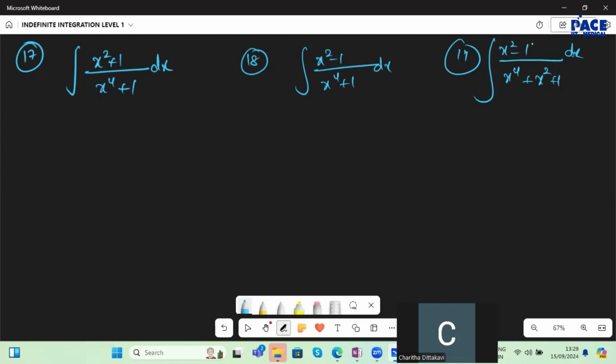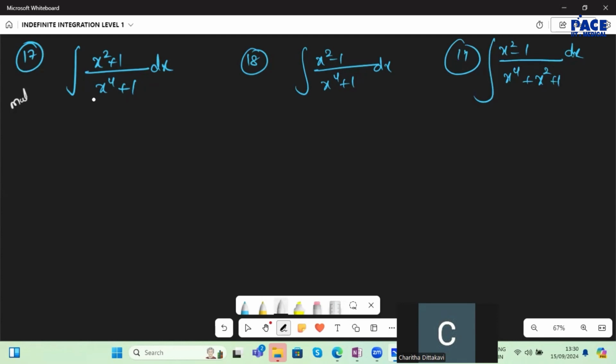Right, now coming to question number 17 there. Whenever you find this form, x square plus 1 or x square minus 1 in the numerators, understand the pattern of the questions first, right? Wherever you find x square plus 1 or x square minus 1 in the numerators with the denominators in the form of x power 4 plus 1 and this way, then the first thing that you need to strike in your brain is to divide by x square, which is a better option.